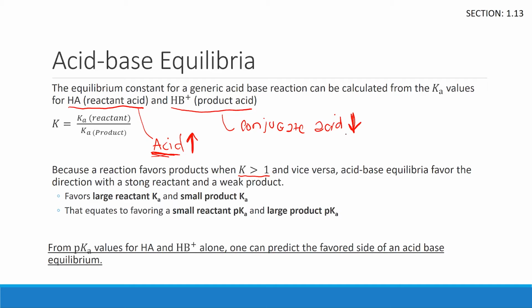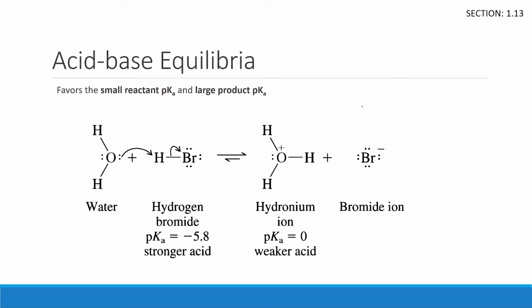If it's the opposite, if the starting acid has a small Ka and the final conjugate acid has a big Ka, we'll actually drive it the other way. Let's see an example of this so you can kind of see.